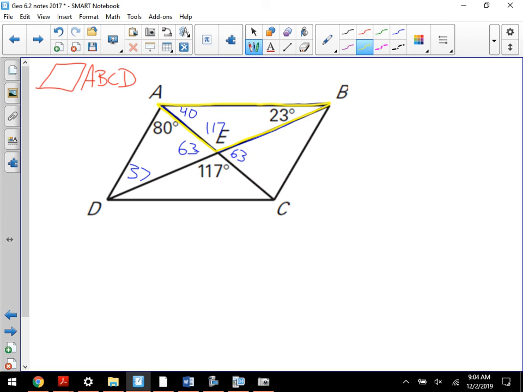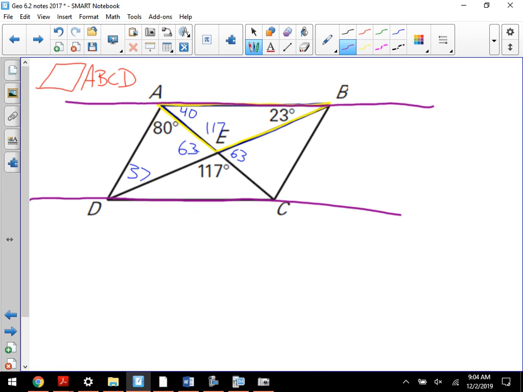Here's where the parallel comes into play. As of right now, there's nothing else I can do to get to the other parts of the triangle or the other angles. So one thing we have to remember is that in parallelograms, opposite sides are parallel.